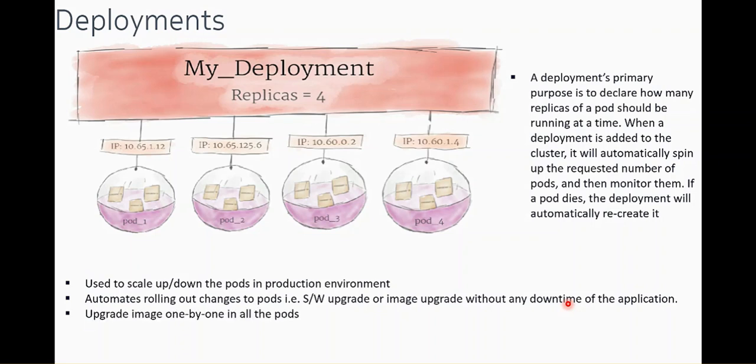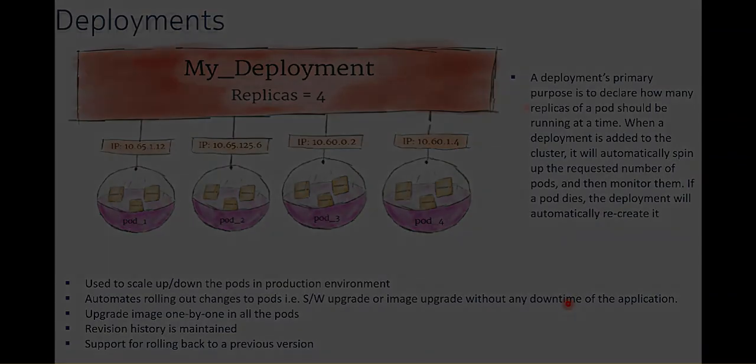Deployments can upgrade the image one by one in all the pods, so that you always have some pods catering to the traffic and some pods getting upgraded at the same time. A revision history is also maintained, and there is support for rolling back to a previous version.